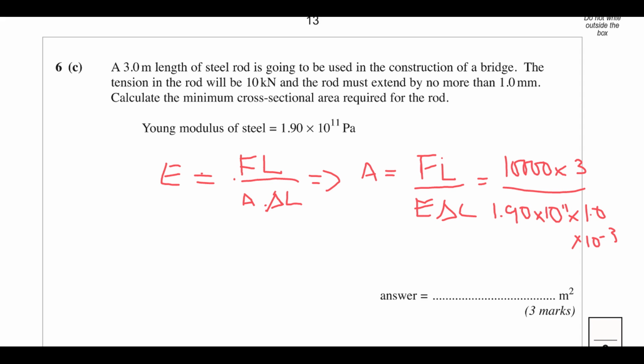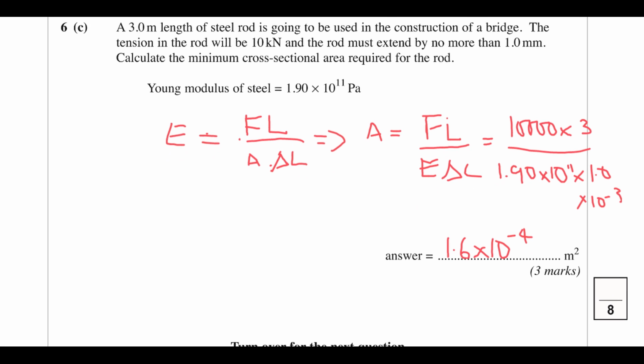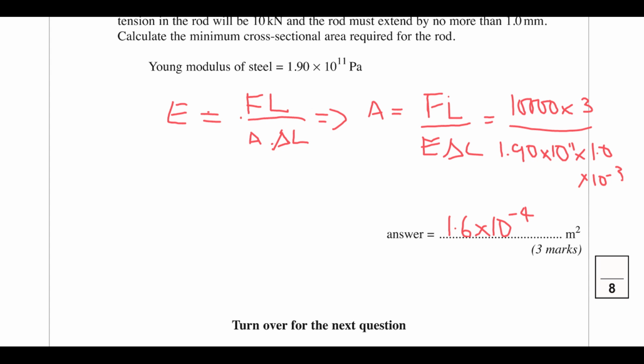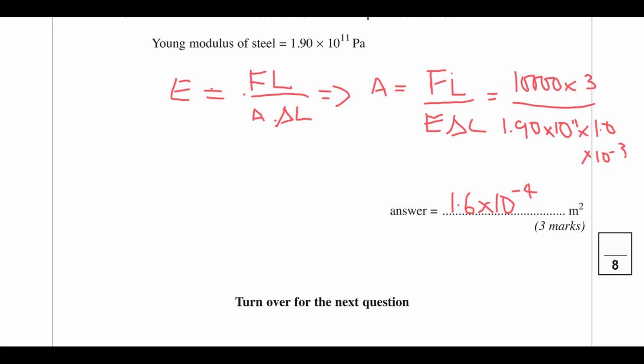We do all of that and we get a value of about 1.5789 times 10 to the minus 4. To an appropriate number of significant figures, 1.6 times 10 to the minus 4 meters squared would be your minimum area, and any area bigger than that would be fine. Okay, so that finishes that question.